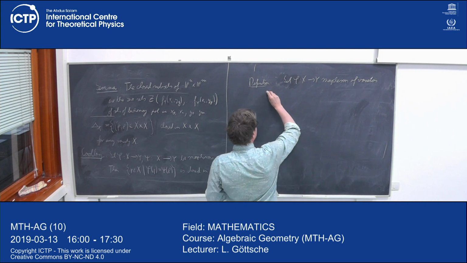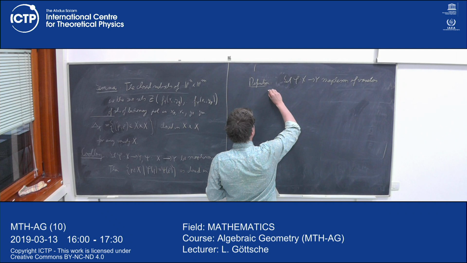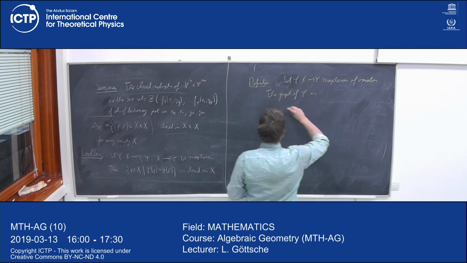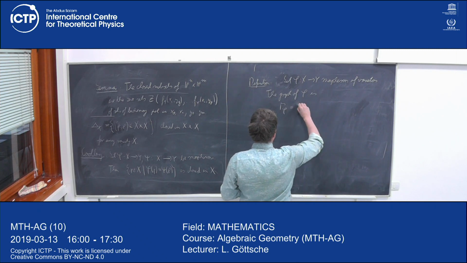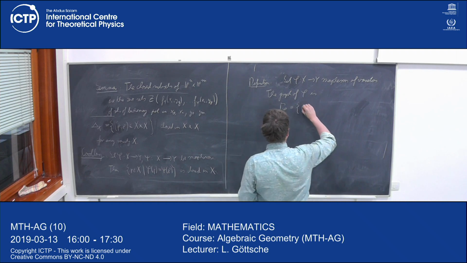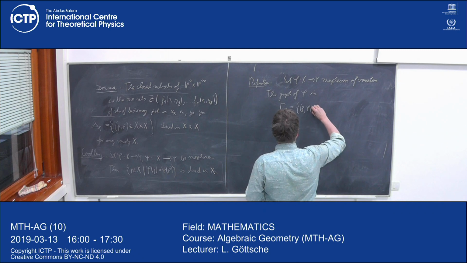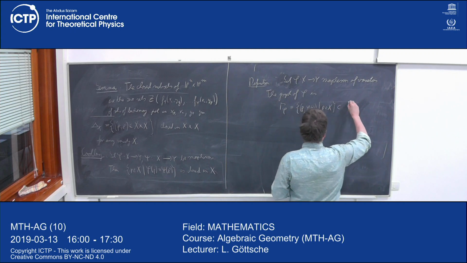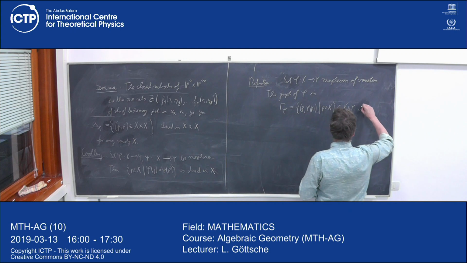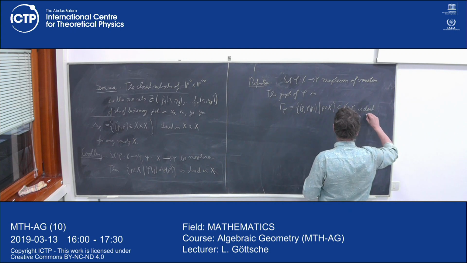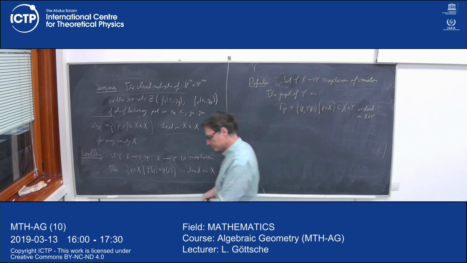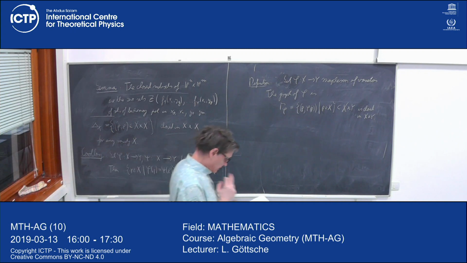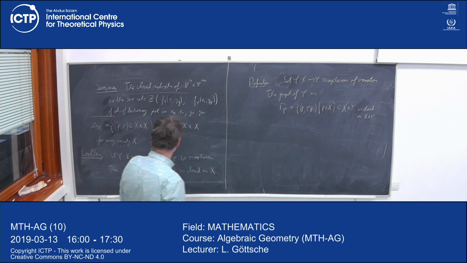Then the graph of phi, Gamma_phi, which is the set of all pairs (p, phi of p) where p is in X, is closed in X times Y. In some special case you had seen this as an exercise, but here it is completely general.